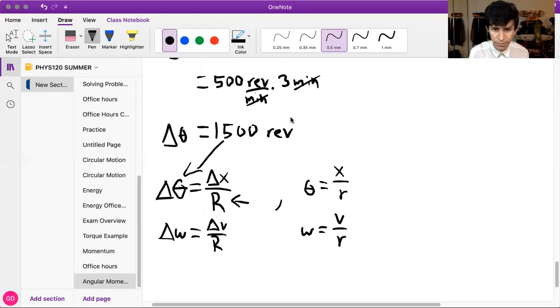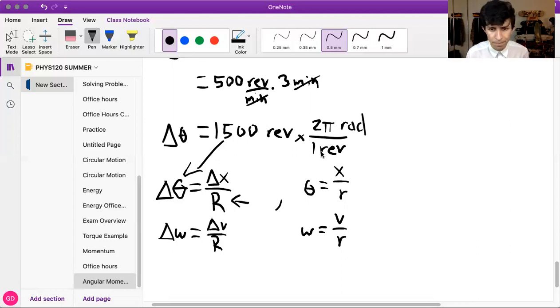So how do we convert 1,500 revs to radians? Remember, one rev is equal to 2 pi radians. So I have to put revs in the denominator. So 1 rev is equal to 2 pi radians. So this is a lot of unit conversion. Just keep track of it. Hopefully you don't get this intense on exams. Usually everything might already be converted. Maybe certain little things you have to convert, but as long as you understand how to get here, that's more important than the little nitpicking stuff.